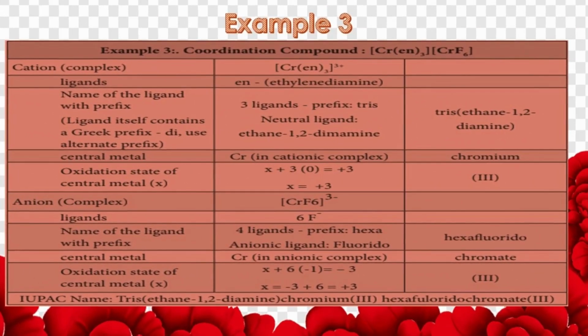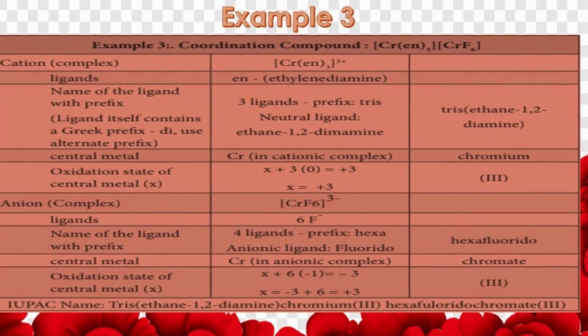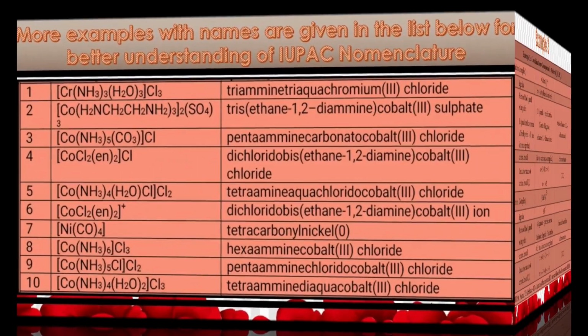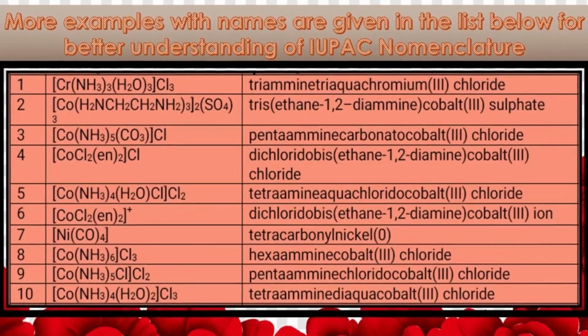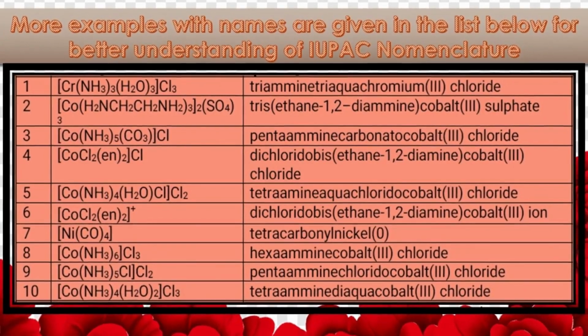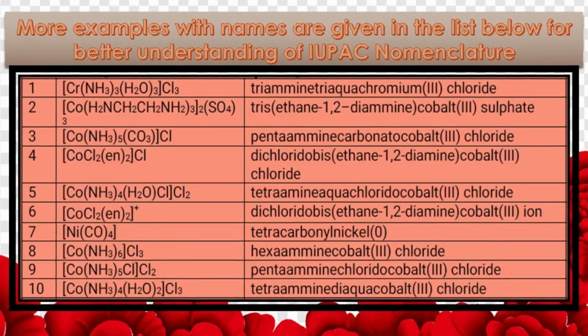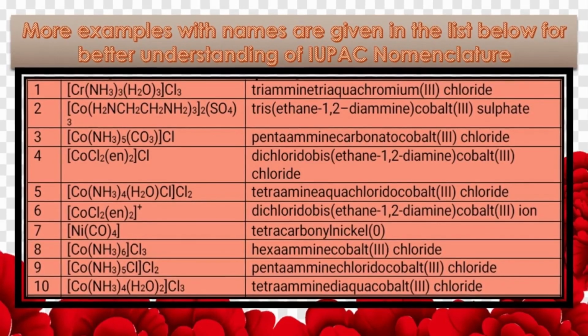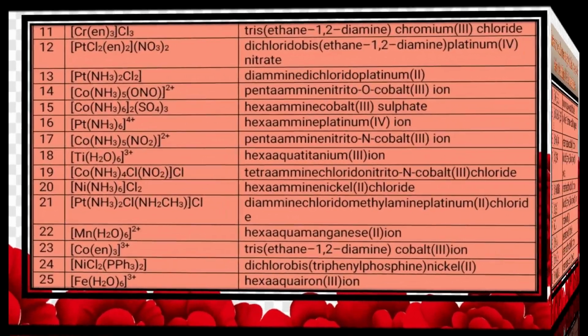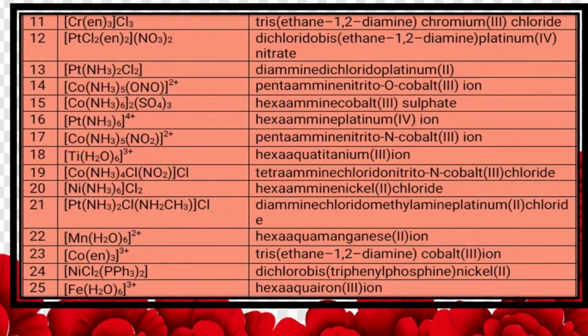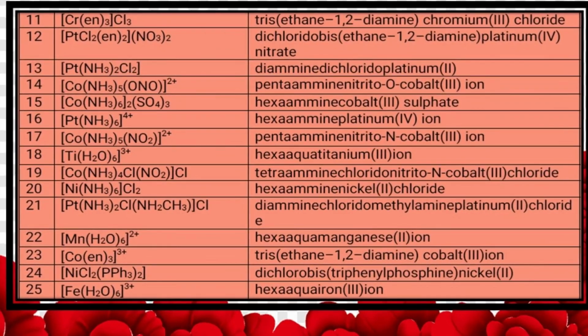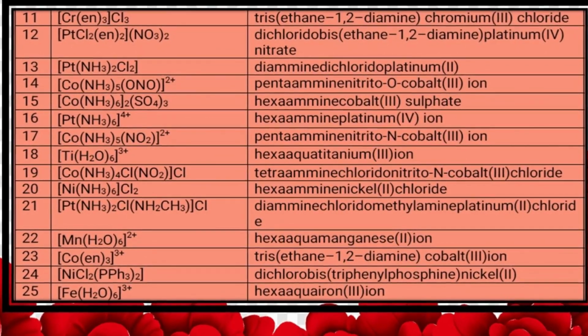Students, check whether you can solve example number 3. I have given more examples to name coordination compounds based on the IUPAC nomenclature. Kindly go through the rules once again and memorize the names of the ligands and the names of the central metal atoms.